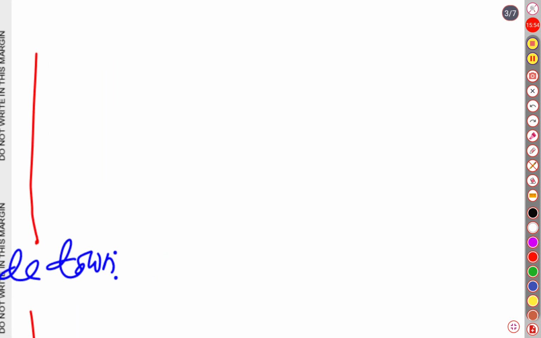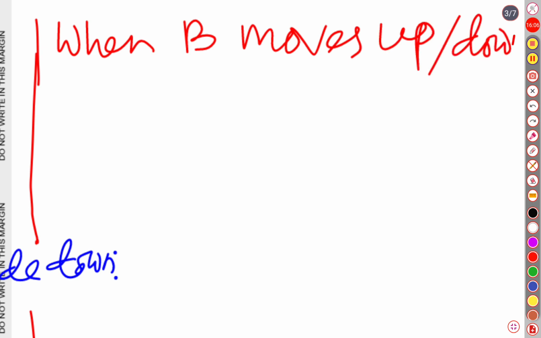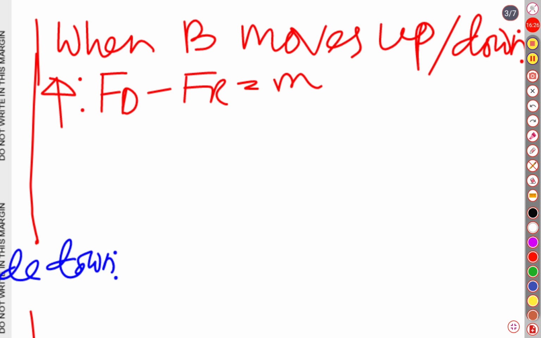Now when B moves up or down, you may get confused why it should be up and down, same scenario. The concept is, suppose we are considering this to be up, then our concept is driving force minus resistance force is equal to mass into acceleration.